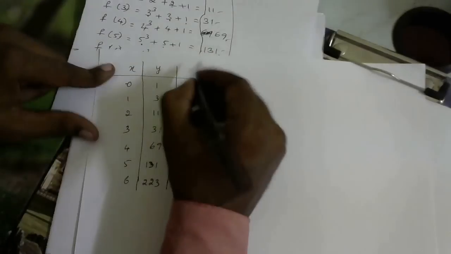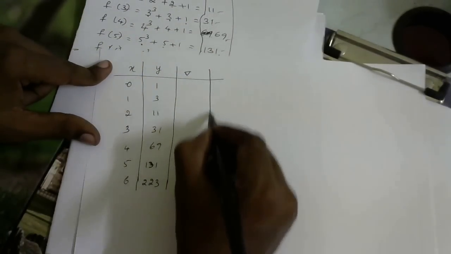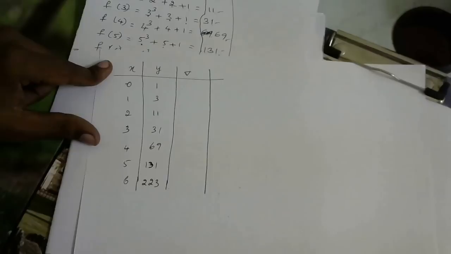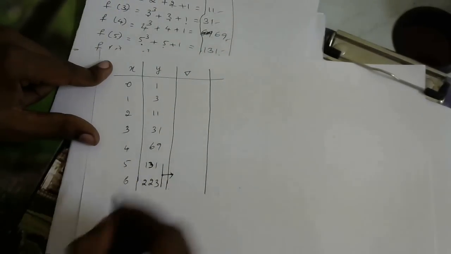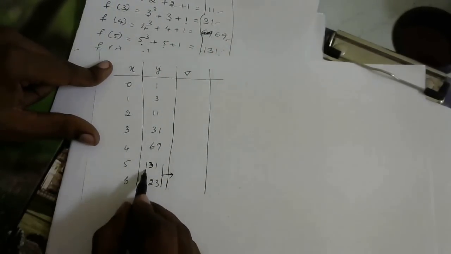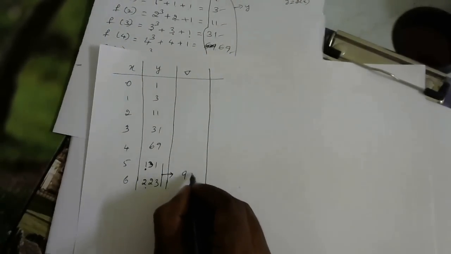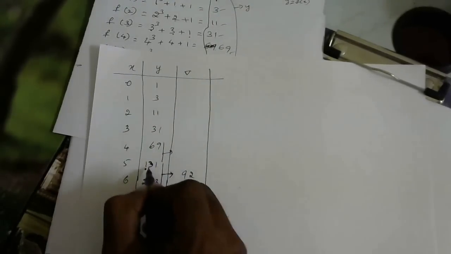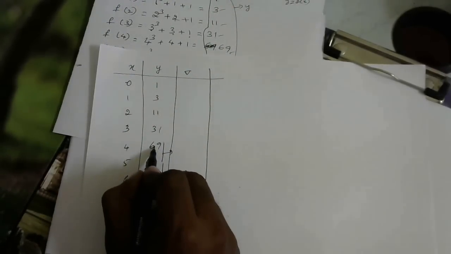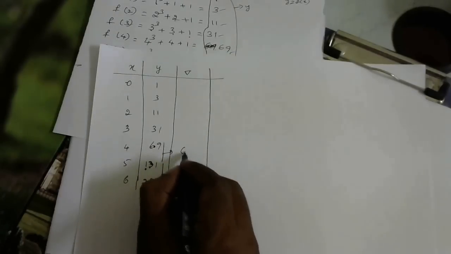Now here, del. You have to start from the bottom. So here 223 minus 131, how much do you get? It is 92. And here what do you get? 131 minus 69, you'll get 62.